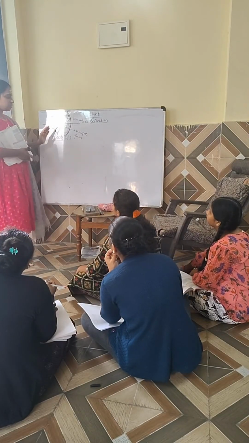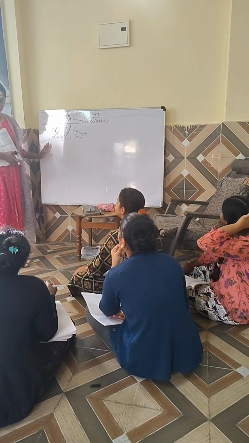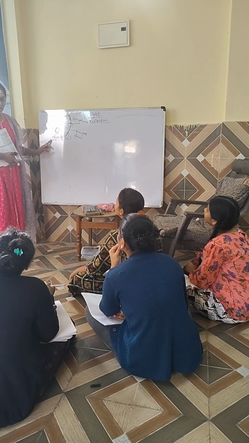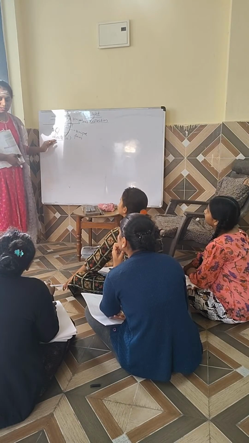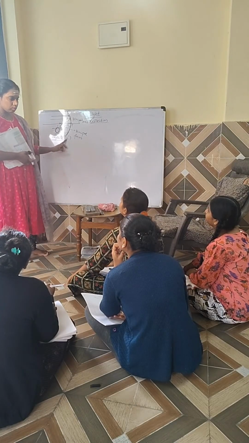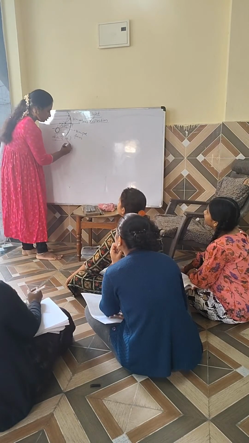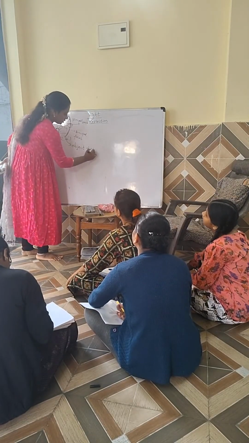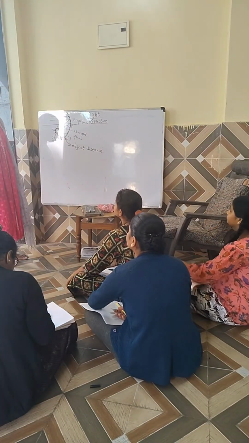You should not say sun. In this case, I am taking sun. I can take any object. In this example, object is sun. I am asking the definition of object distance. What is U? U is the object distance.